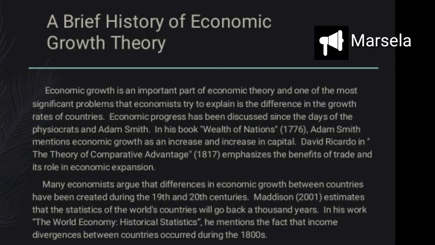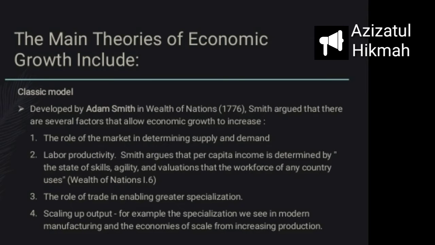In his work, The World Economy: Historical Statistics, he mentioned the fact that income divergence between countries occurred during the 1800s. The main theories of economic growth include the classical model, developed by Adam Smith in The Wealth of Nations.